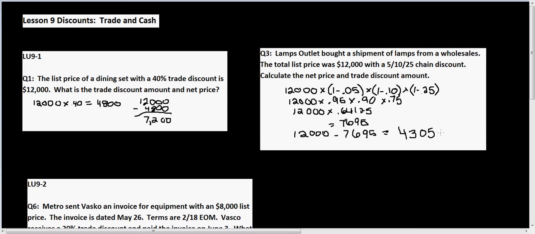That is your discount. Net price, discount. Okay, so you can see how you can't add these up. They have a multiplying effect.